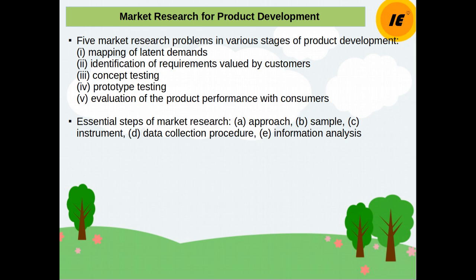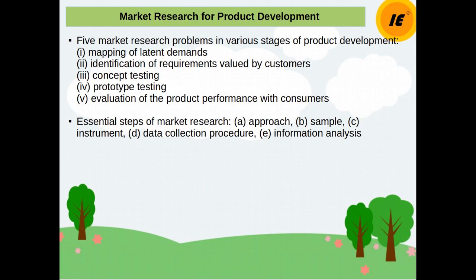So these are the steps, and in the next slide we'll gradually try to understand the five market research problems in context to various stages of product development, in the framework of these five steps of market research. For example, mapping the latent demand is individually a separate market research problem that we'll have to approach first when we are developing a new product.